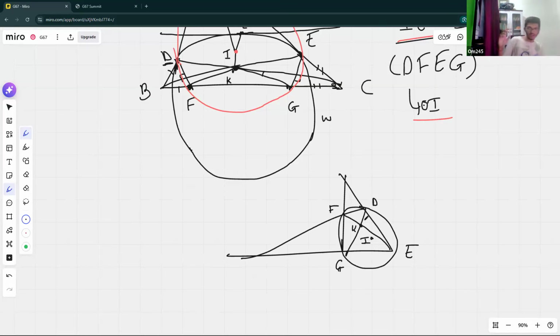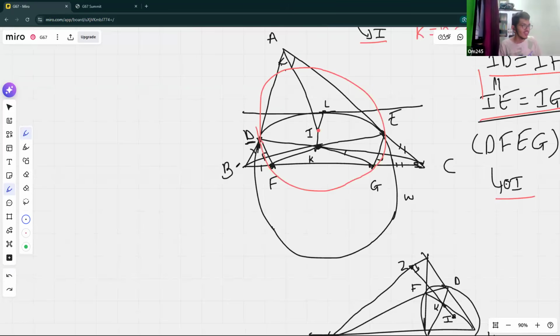Here comes a Miquel point: because I is the center and K is the intersection of the diagonals, they intersect perpendicularly, and this is a Miquel point. That's what we learned in the last geo class, I hope.